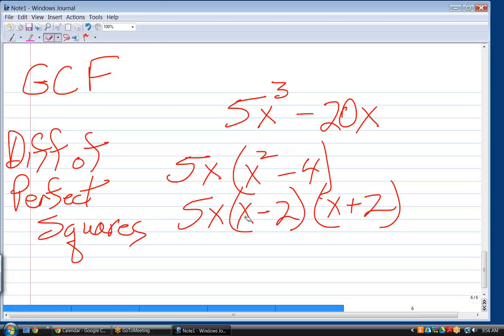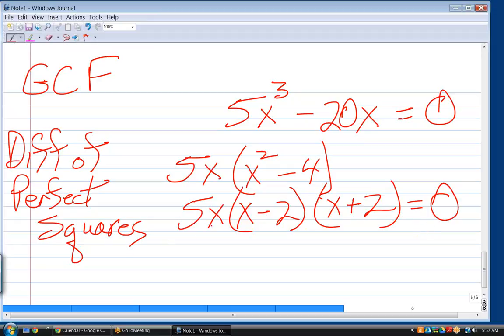The reason being is that if I set up an equation instead of an expression, and say solve it, the only way to solve this equation is to get it to be a product of a bunch of stuff. As long as I can say that 5x times x minus 2 times x plus 2 is equal to 0, well, now I can come up with solutions.